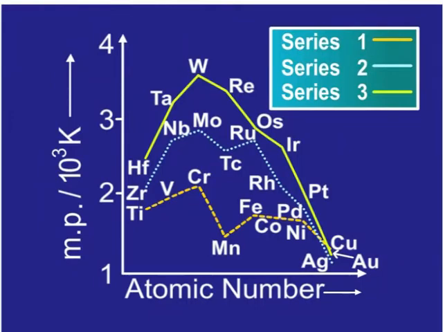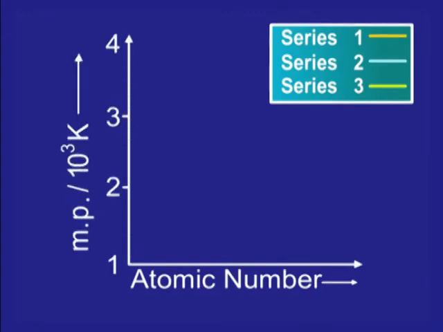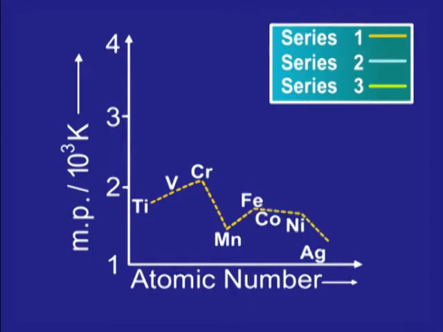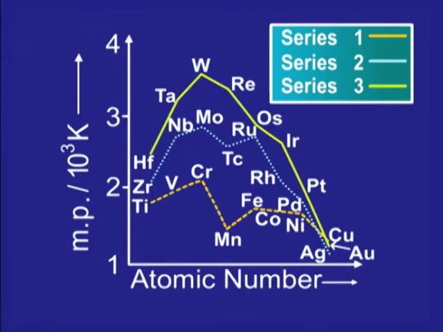Look at the graph on the screen. Here, atomic number is plotted against melting points. We are looking at the atomic numbers of the first, second and third transition series in this graph. It is clear from this graph that the melting point of the second and third transition series is much higher than that of the first transition series.